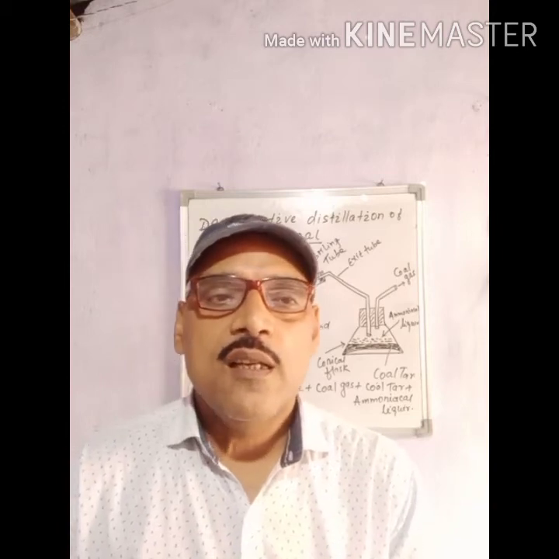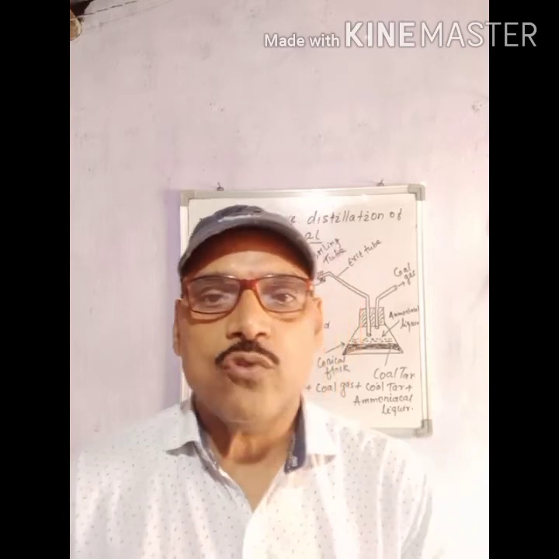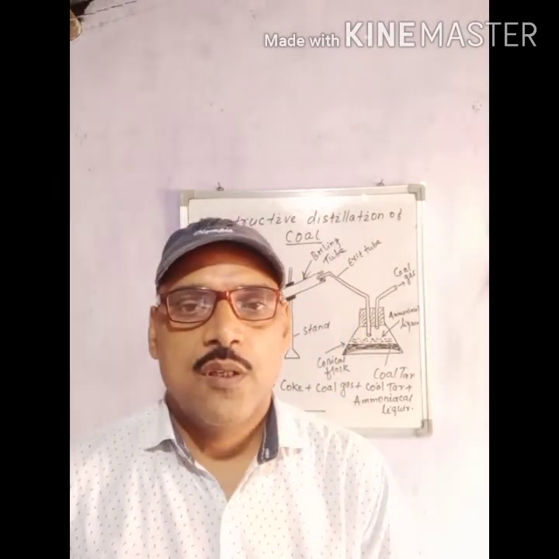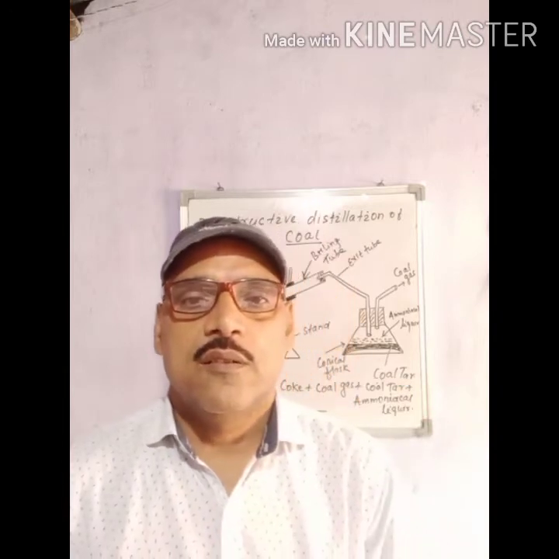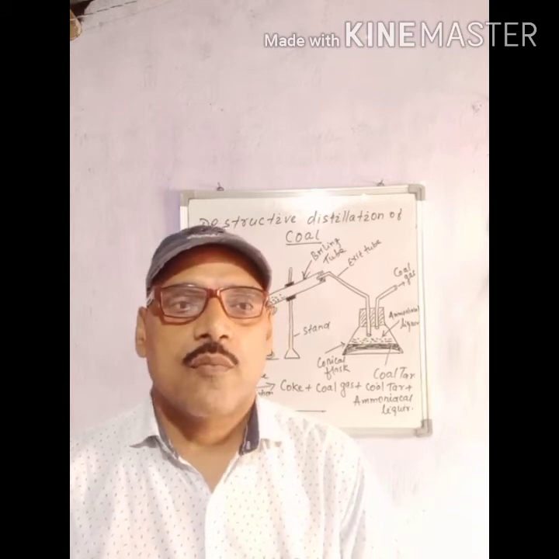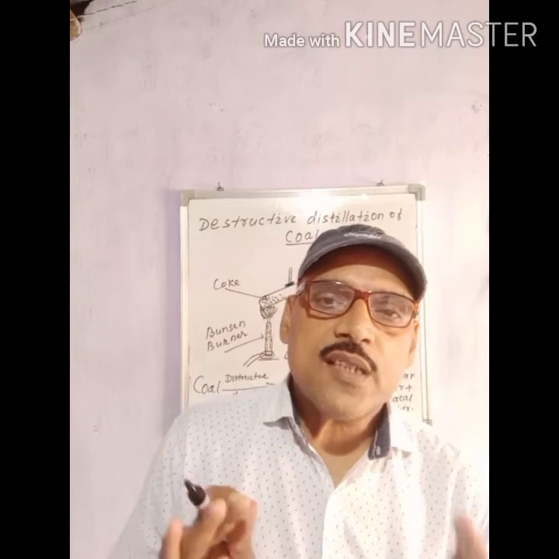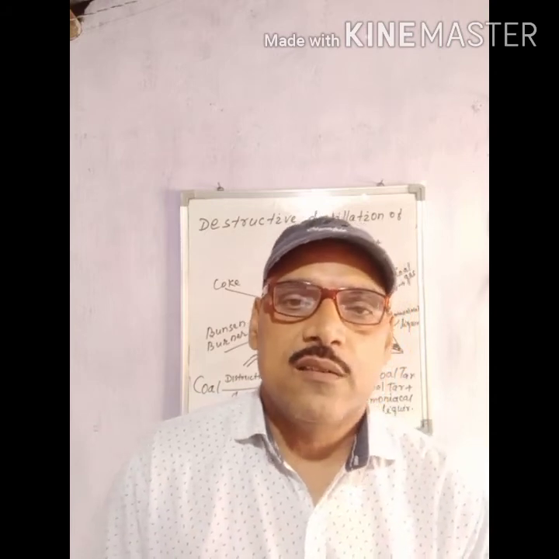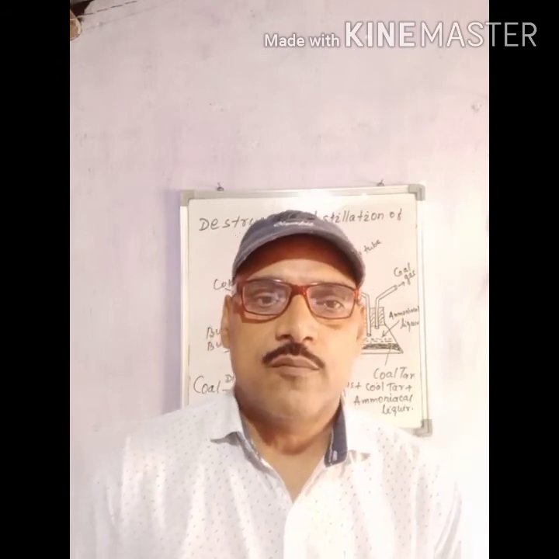Coal tar is a mixture of more than 200 compounds, and all these 200 compounds are very useful, but these compounds can be obtained by fractional distillation of coal tar.